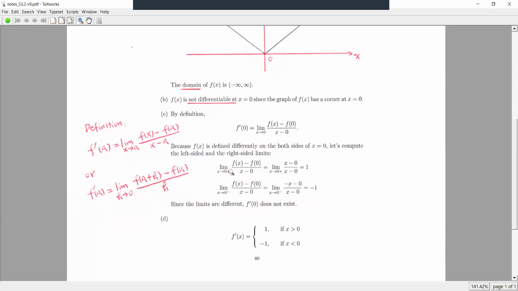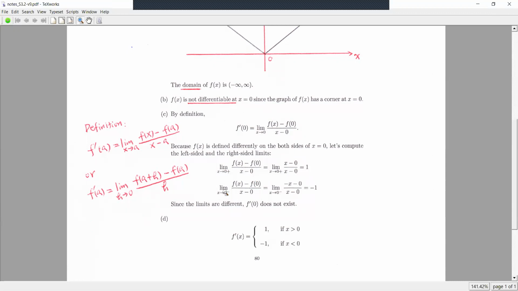When x is greater than 0, the function is x. So I have this equation. Now, about this fraction, the top is x, the bottom is x. So this fraction is 1, a constant. So the limit is 1. So the right-hand side limit at 0 is 1.